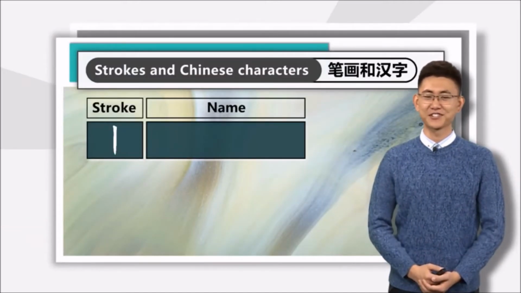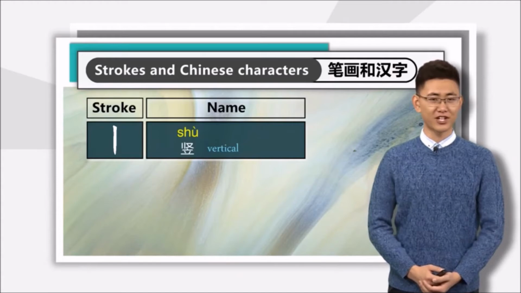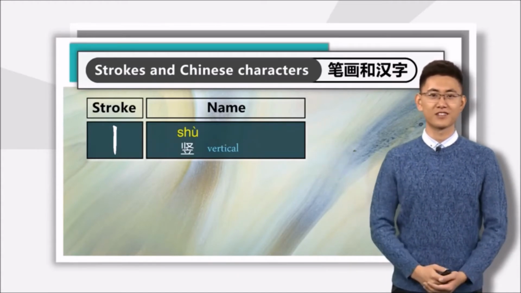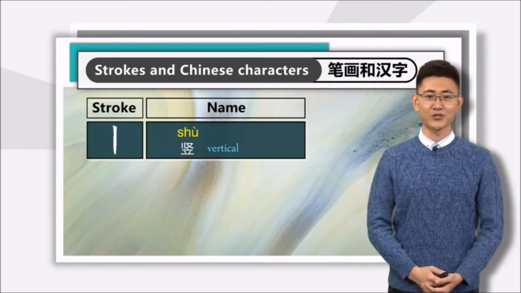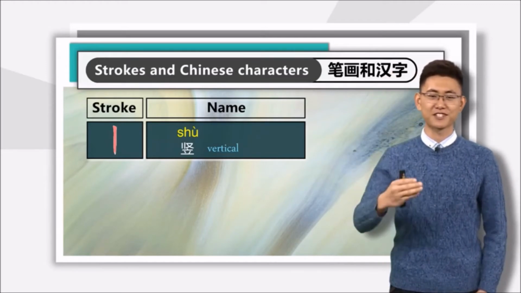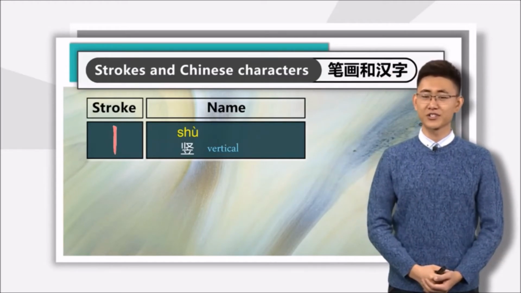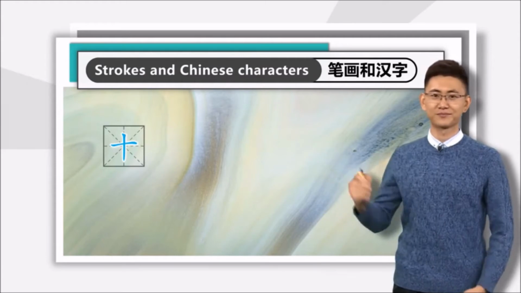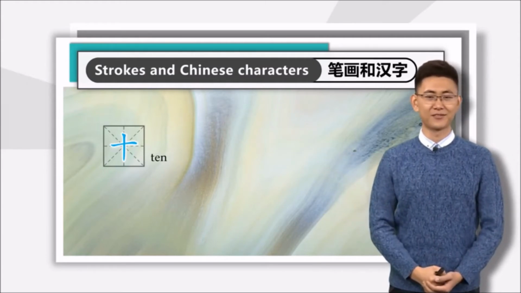Now, let's look at the second stroke. It is vertical. In Chinese, it is called 树. When writing this stroke, you should write from top to bottom. And a horizontal and a vertical can make a new Chinese character. Look at the picture. It means 10.